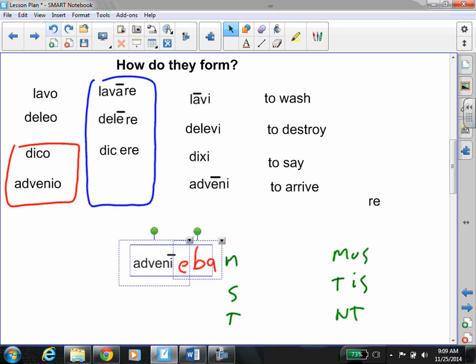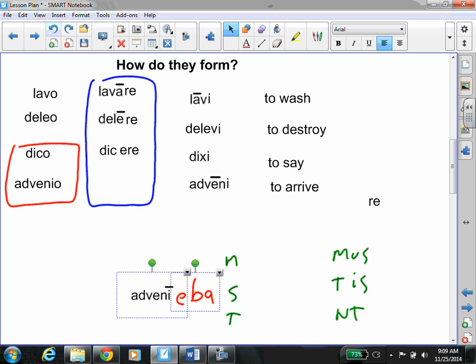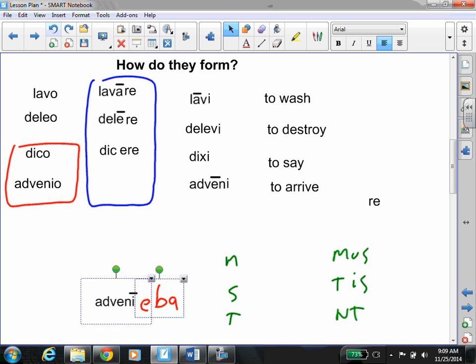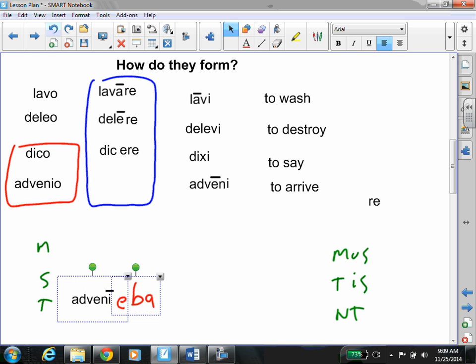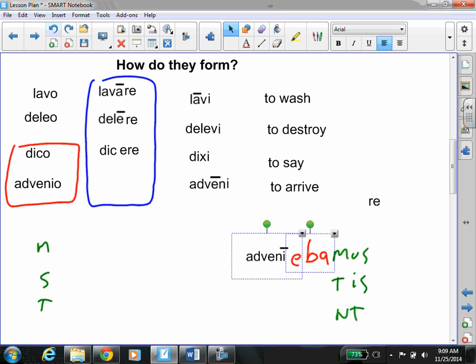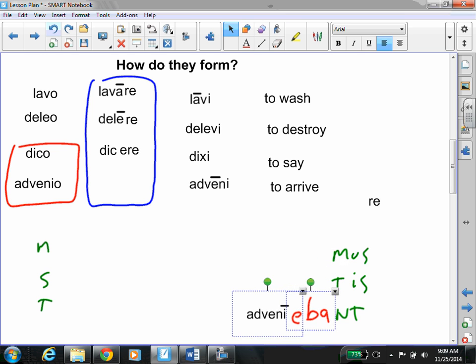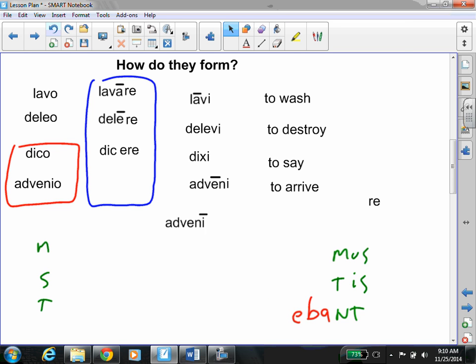So that I will have I was arriving, you were arriving, he, she, or it was arriving, and then we were arriving, y'all were arriving, they were arriving. So this is how we form these present and the imperfect.